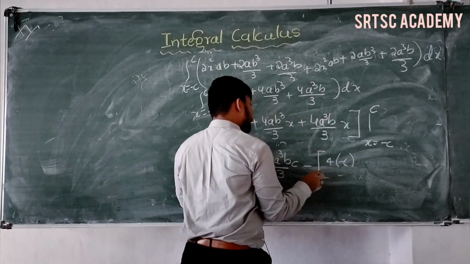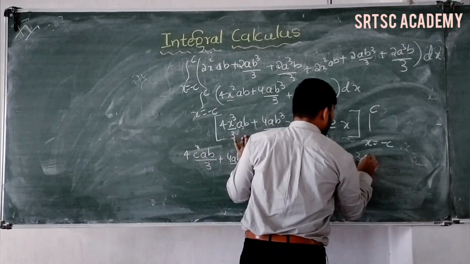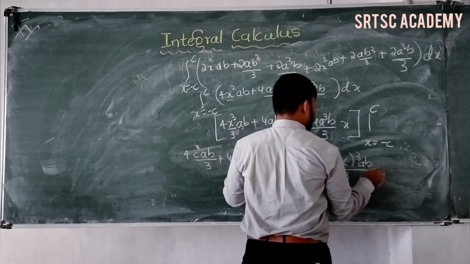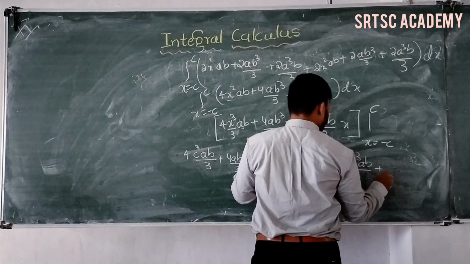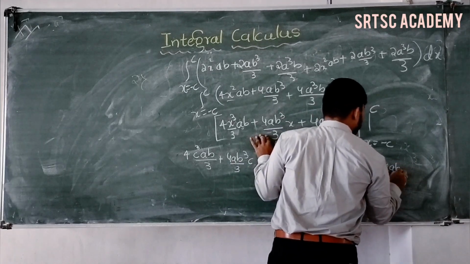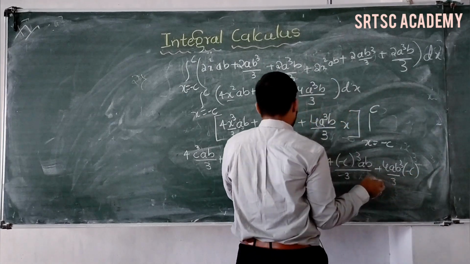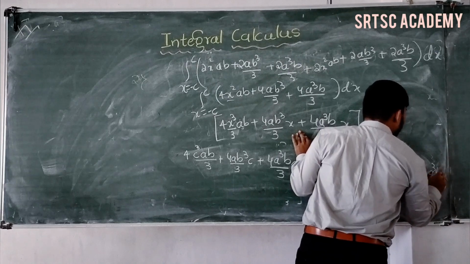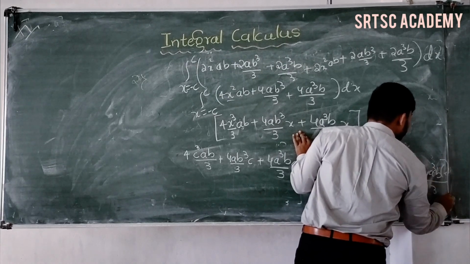Apply the lower limit: minus c³ab divided by 3 plus 4ab³/3 into minus c plus 4a³b into minus c divided by 3, right?